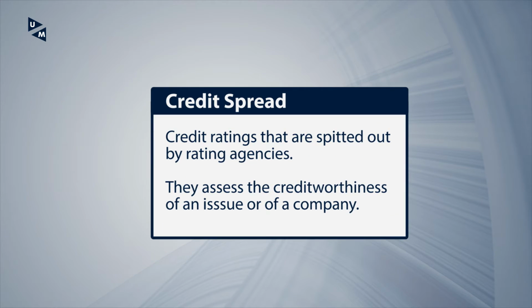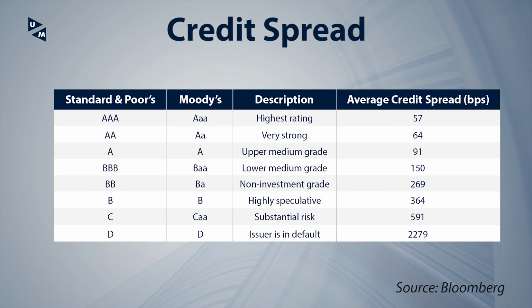They stem from credit ratings that are spit out by rating agencies, and they assess the creditworthiness of an issue or of a company. Of course, the safer the rating, the lower the credit spread is.